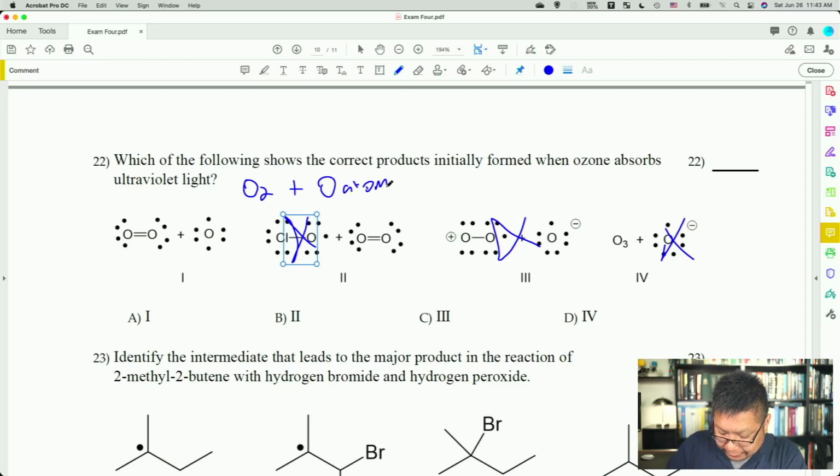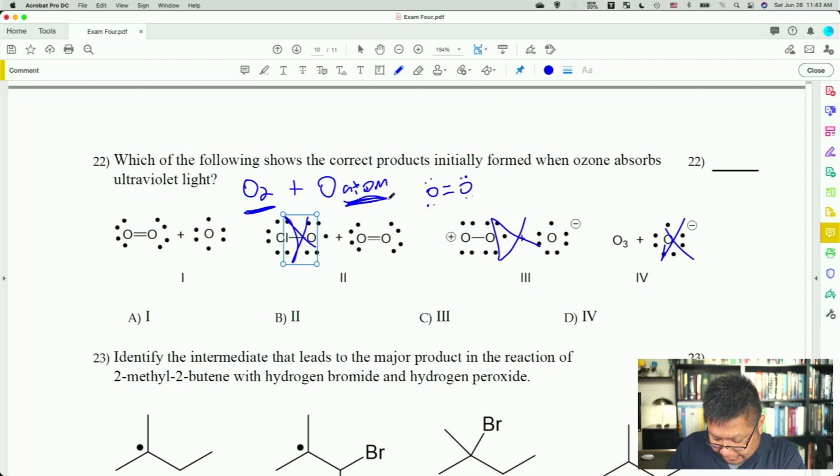You already know what a Lewis structure looks like for regular O2. The molecular oxygen O2 molecule looks like this, and it has 2 lone pairs.